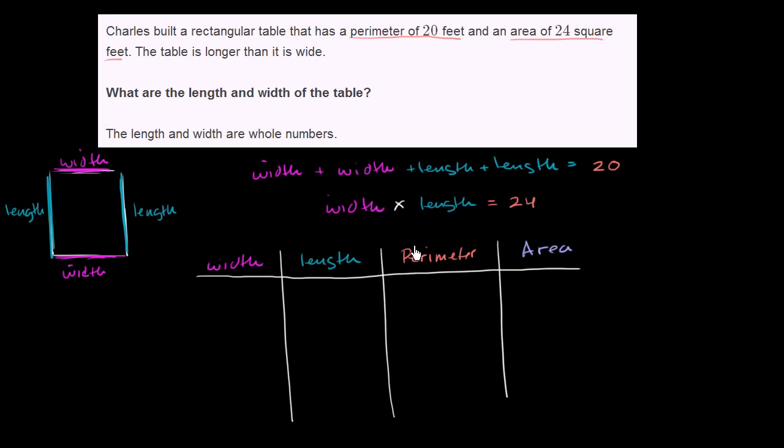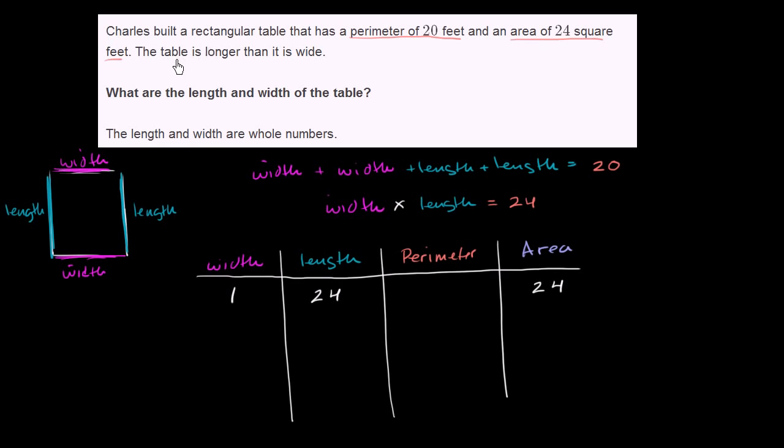What we can do is just make sure that everything we try out has an area of 24 square feet. So let's just think about the factors of 24. Well, it could be 1 and 24. So this literally could be a width of 1 and a length of 24. 1 times 24 is 24.